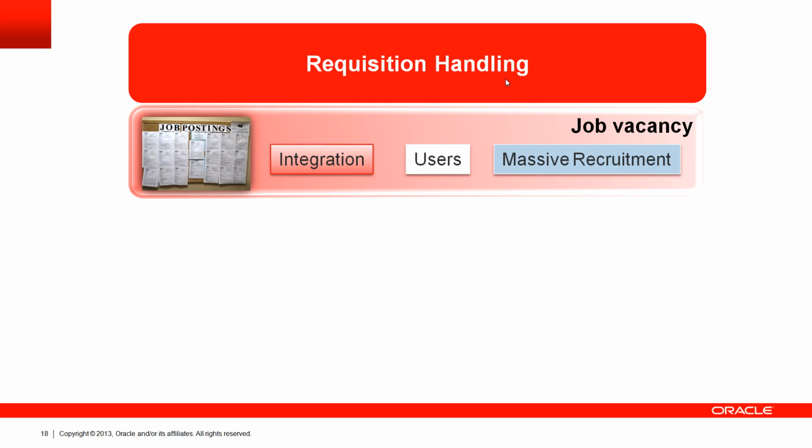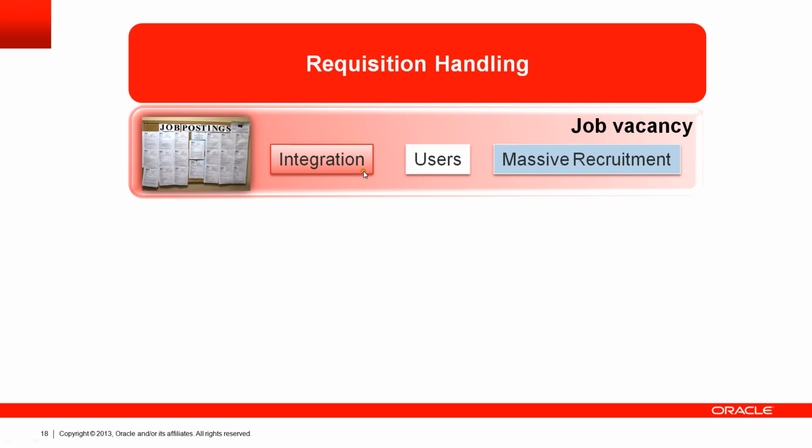Or you can start with, for example, a high volume recruitment campaign, and you just want to find the best talents, and then decide where to position them inside your organization. They both can be applied to Taleo.